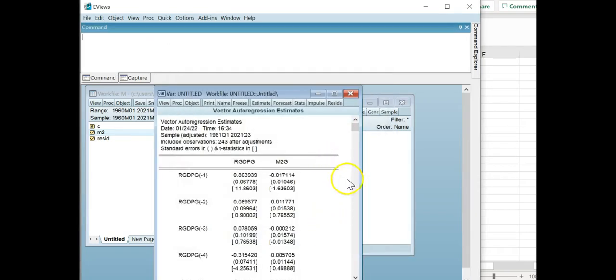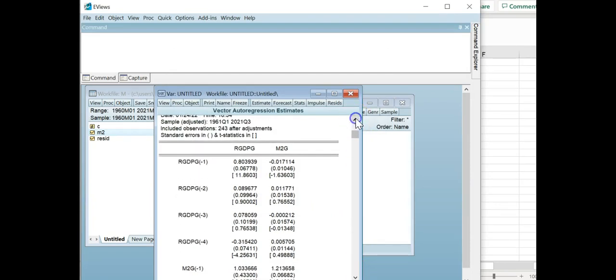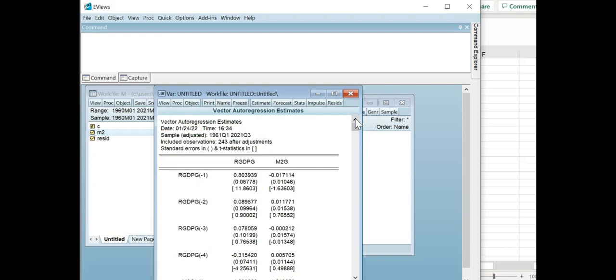Okay, so here's what a vector autoregression is when you estimate it. We're actually estimating two equations. One equation has real GDP on the left-hand side as the dependent variable, and then lags of real GDP and lags of money supply growth if we go down.